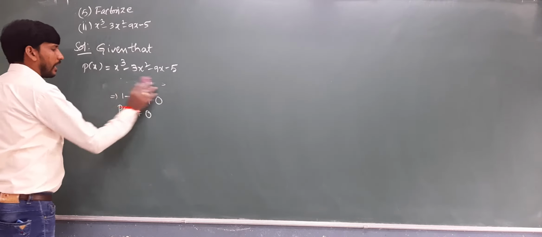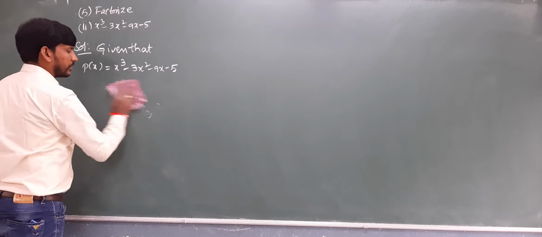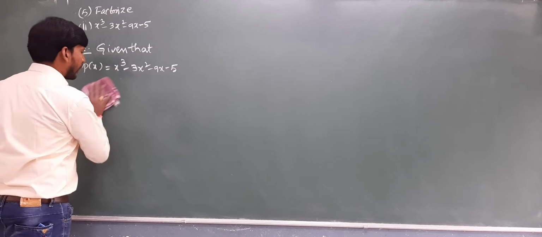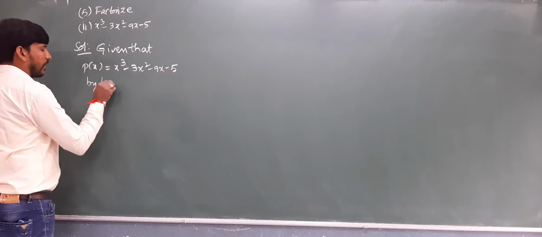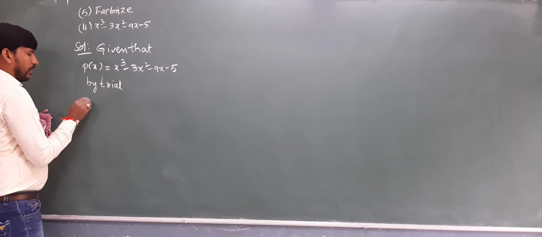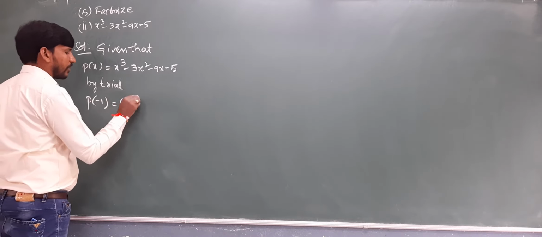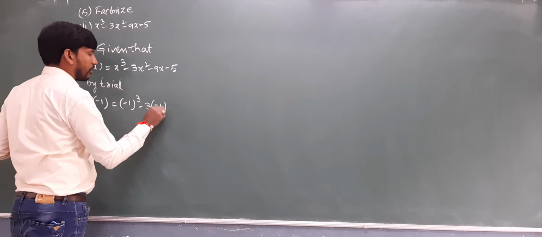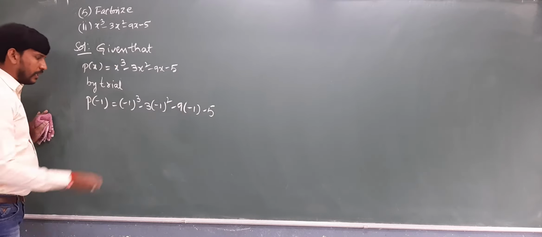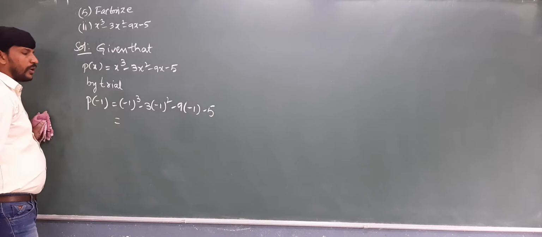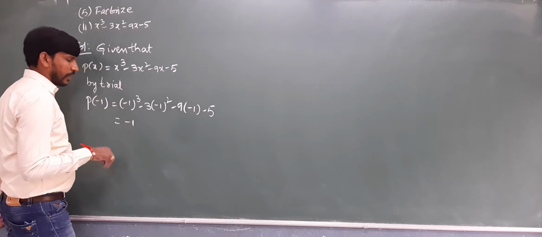Now, by trial, we are going to find out p of minus 1. Substituting, we get minus 1 whole cube, minus 3 into minus 1 whole square, minus 9 into minus 1, minus 5. Minus 1 whole to the power of cube: cube is an odd number, so the value will become minus 1.